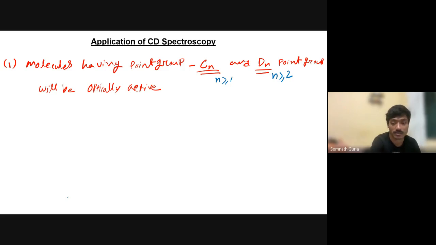If it is 1, there is no chance of D, because for D we need at least 2 perpendicular C2 axes with respect to the principal axis. If the molecule has only C1, there is no chance of C2, so D is not applicable and we can say only C. Okay, so this is our major fundamental factor.